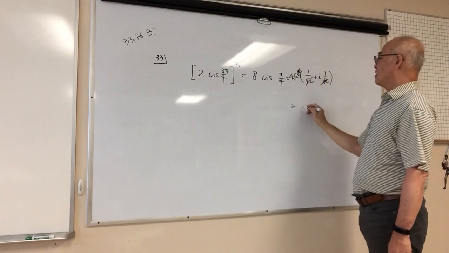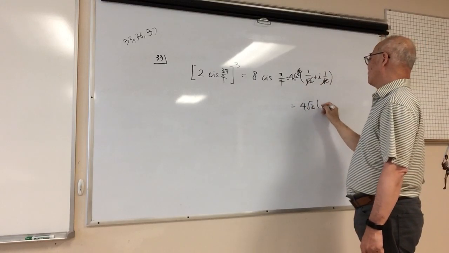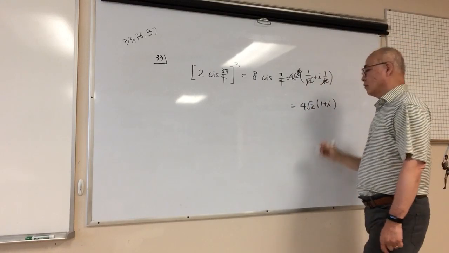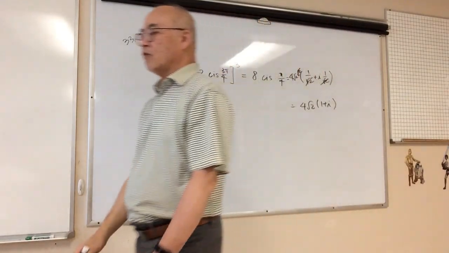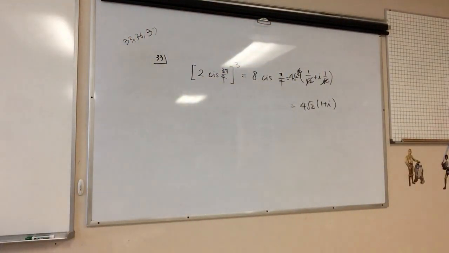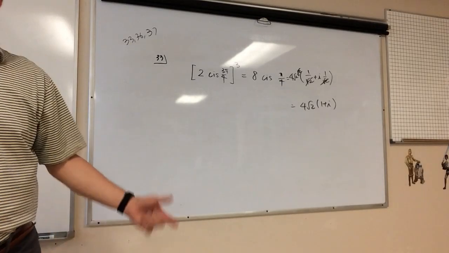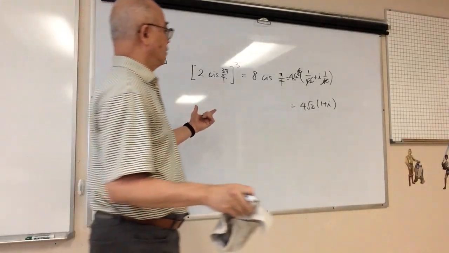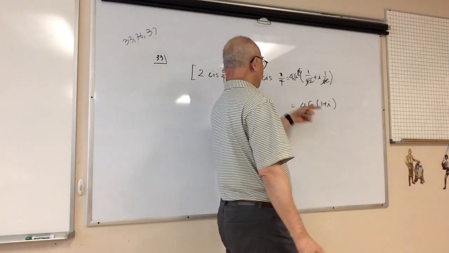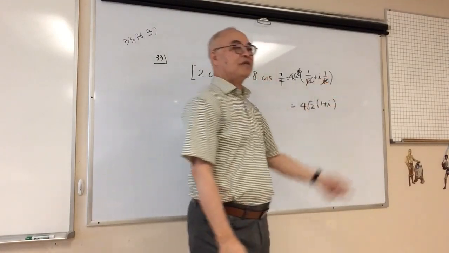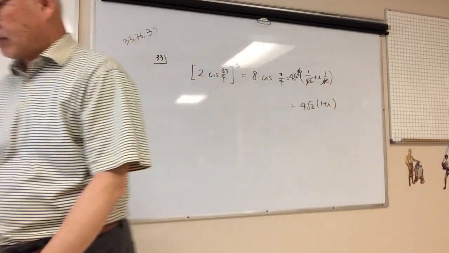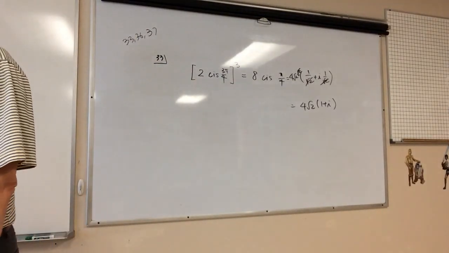Root 2 cancels out. Or 4 root 2 plus i 4 root 2, whatever. Either way works. Are we good? Always going to clarify. Okay, that's 33.